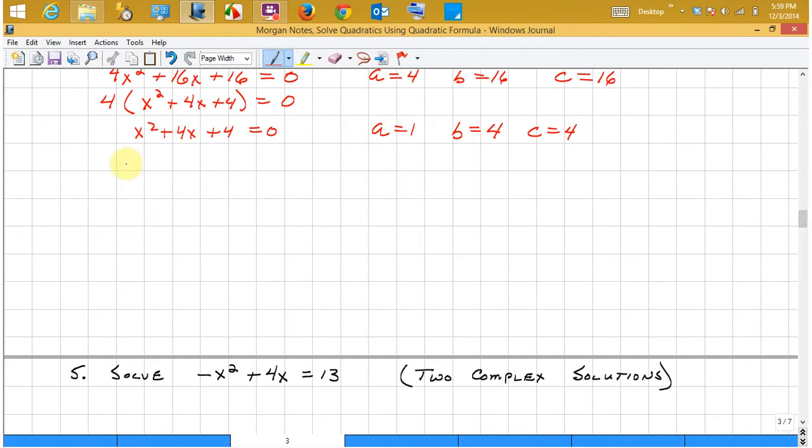So let's go ahead and use the quadratic formula. x is equal to negative b plus or minus the square root of b squared minus 4 times a times c all over 2a.